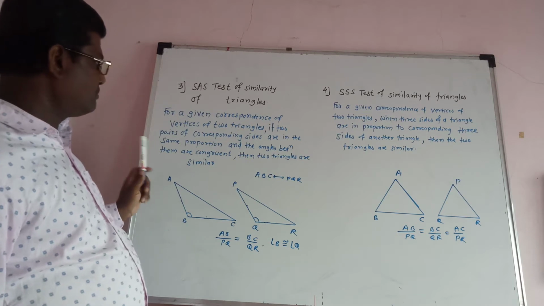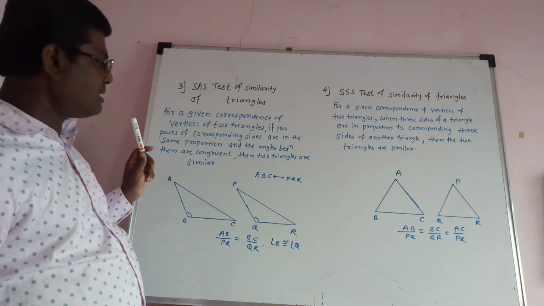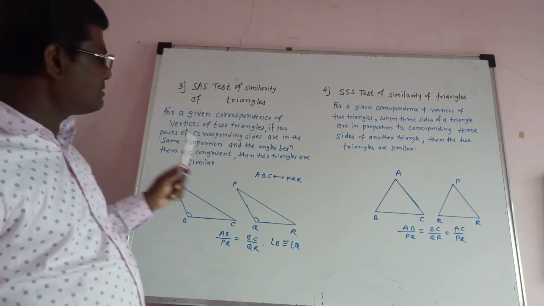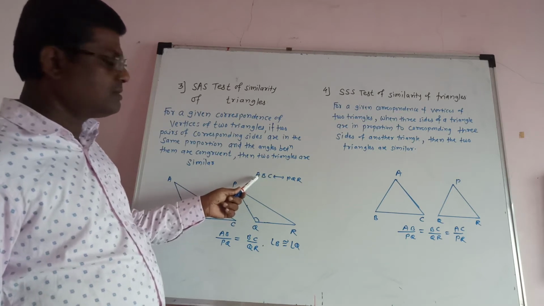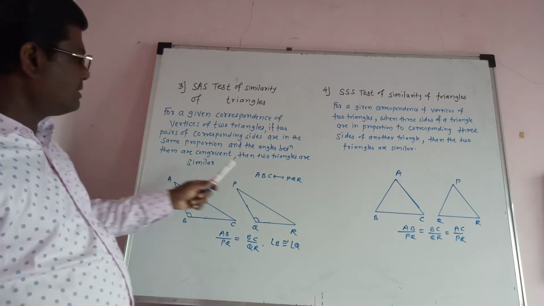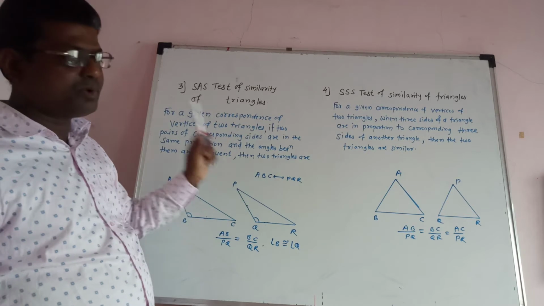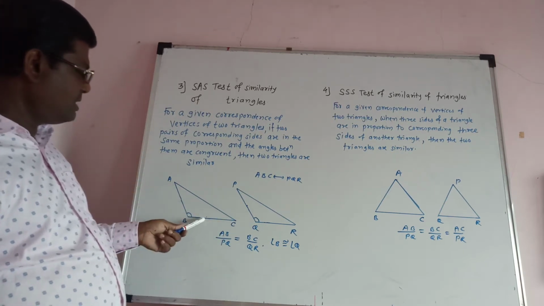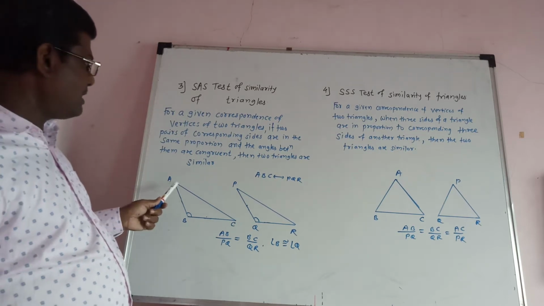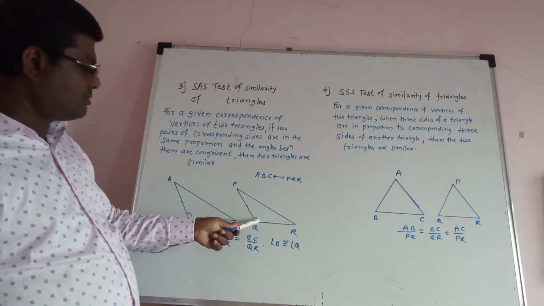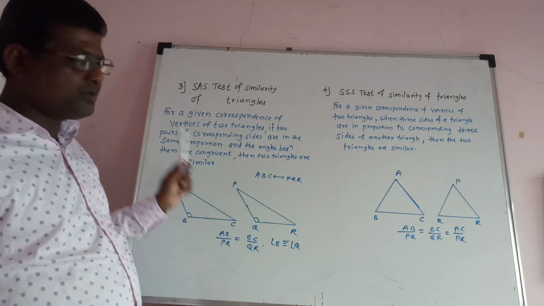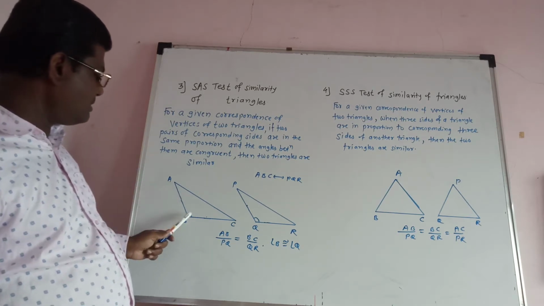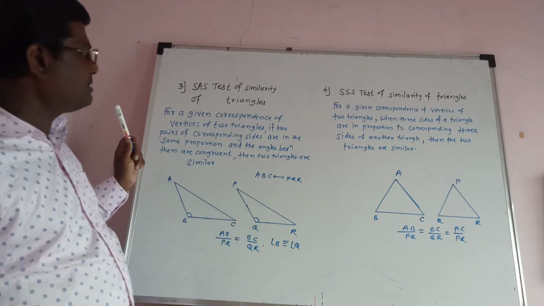When the pair of corresponding sides of two triangles are in the same proportion, suppose ABC and PQR are two given triangles such that their vertices are in the correspondence ABC corresponding to PQR, that is A corresponds to P, B corresponds to Q, C corresponds to R. Then the corresponding sides ratio AB upon PQ is equal to BC upon QR, and the angle between these two sides, that is angle B, is congruent to angle Q. Then it is called the SAS test of similarity, side angle side test of similarity of triangles.